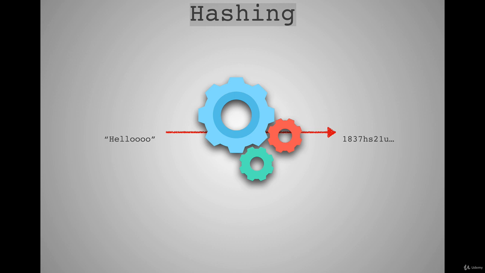Now, one-way hash functions differ from the above two forms of encryption, the symmetric and asymmetric, in that they're never meant to decrypt anything. They simply generate a unique value of a fixed length for each input that they get.